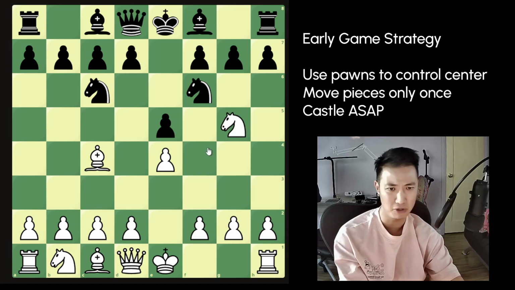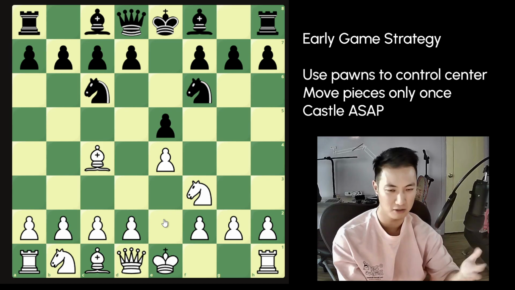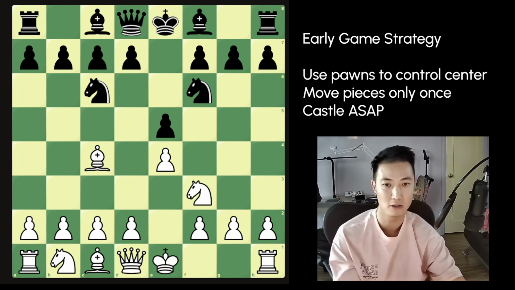Something to avoid doing is, because I moved the knight once already, moving it out again, or the bishop. Let's take that move back. Or the bishop out, move one more time. Like, oh, I want to trade this for some reason. You want to avoid doing that because it's just a waste of time. You want to just castle your king and get your king to safety, and then you can do that later on.